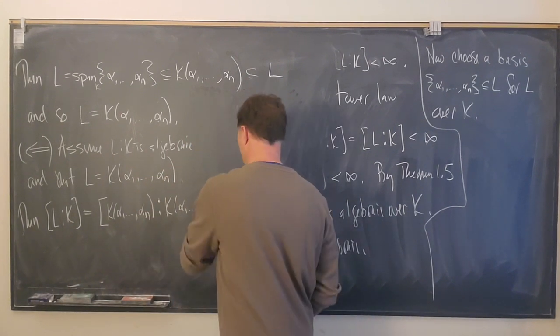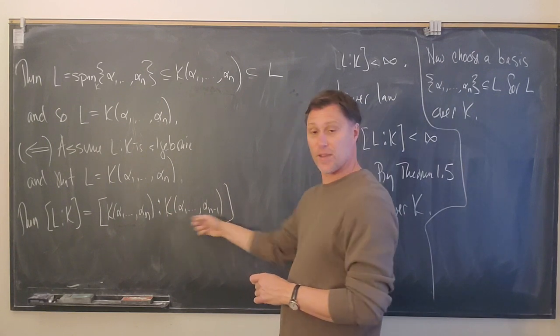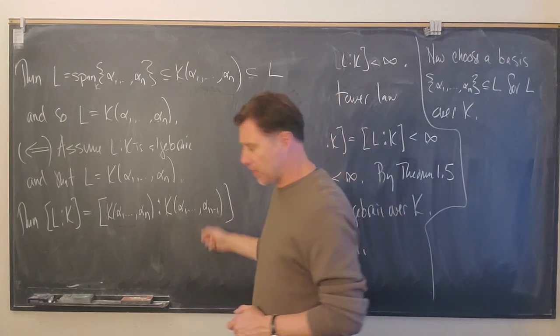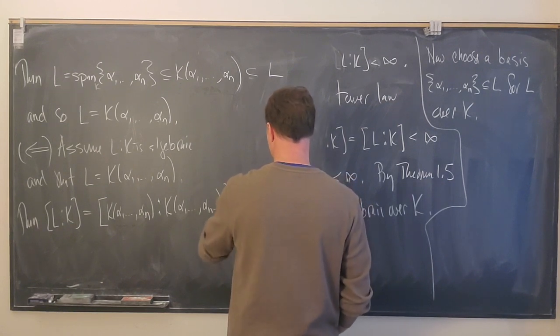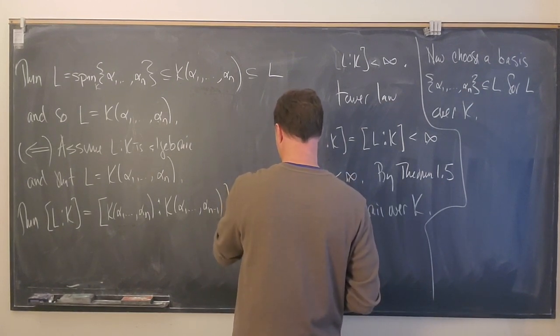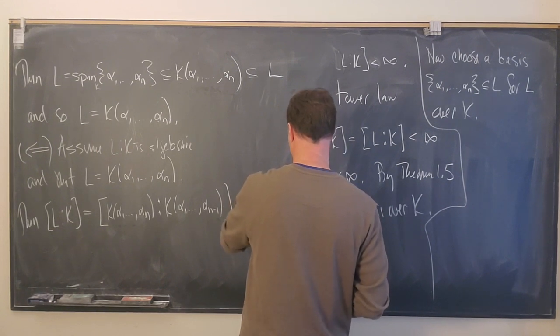So you can obtain this one by adjoining alpha n to this one. And then you walk it all the way down till we eventually get to K adjoin alpha 1 over K.